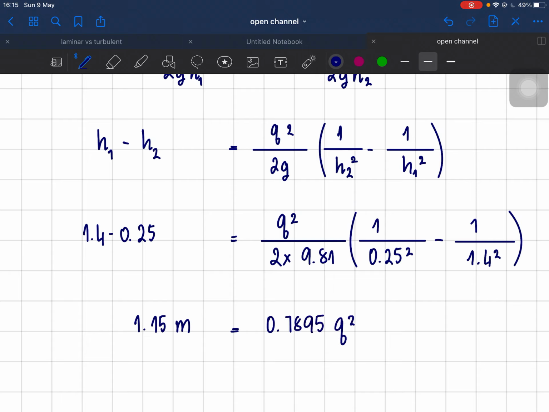Now we can find the flow per unit width of the gate.